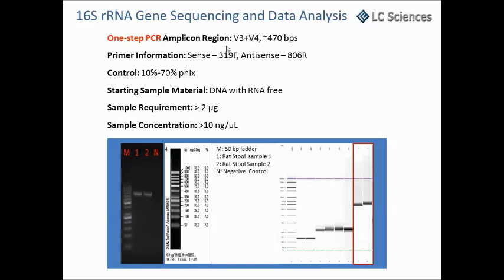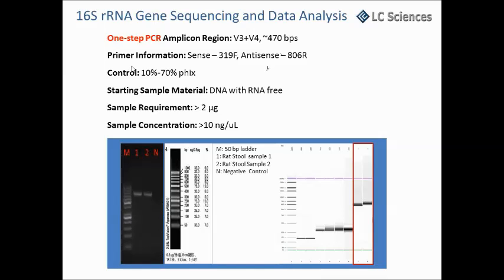We are looking at the amplicon region, the V3 and V4 variable region of the 16S rRNA gene, which is about 470 base pairs. I mentioned that the MiSeq can go up to 2 by 300 paired-end, so it exactly covers this region of about 470 base pairs, and we can have good data.